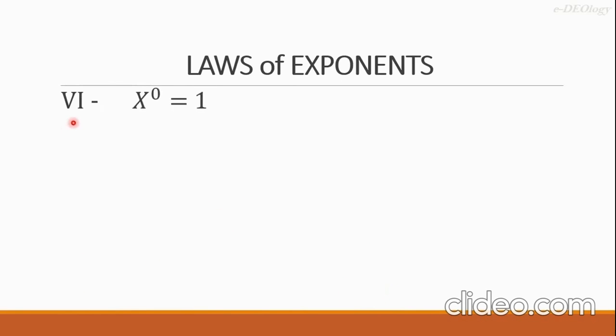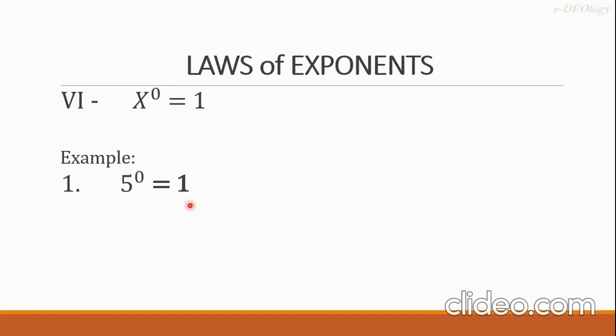The sixth law is about zero exponent. This law says any number or any variable raised to 0 is equal to 1. We have a first example, 5 raised to 0. Directly we can put 1 as the answer.